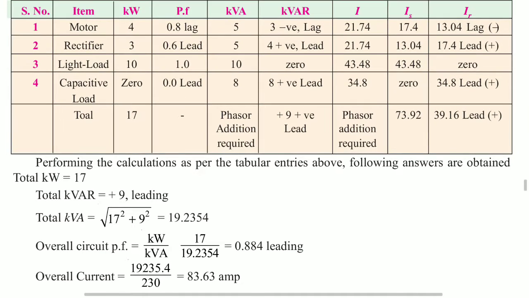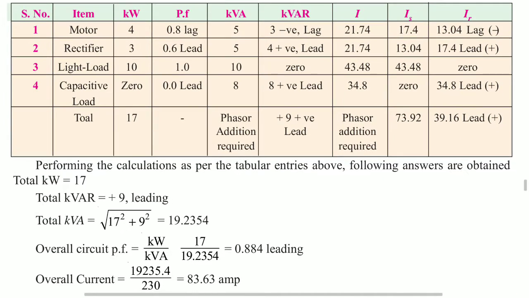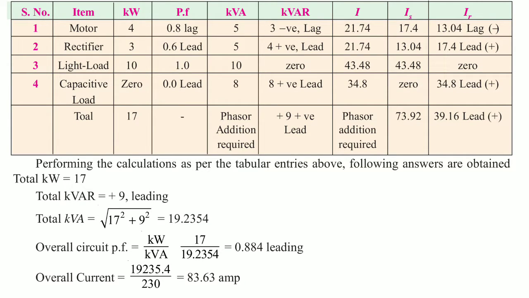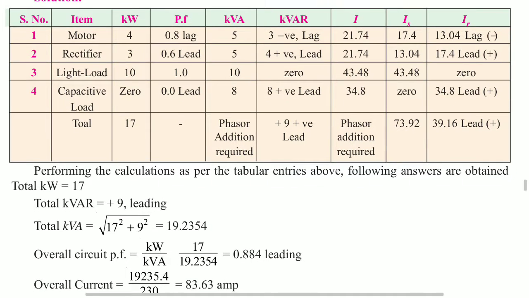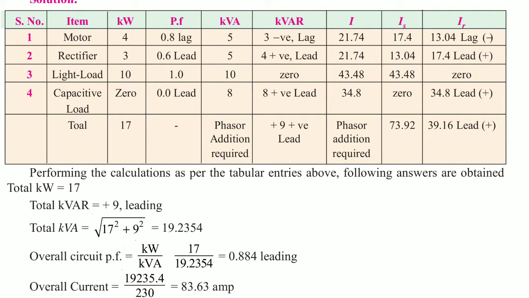Now the capacitive load: kilowatts is 0 and power factor also 0. kVA is 8 and kVAr is 8 leading. So now I is 34.8, IS is 0, and IR is 34.8 leading.